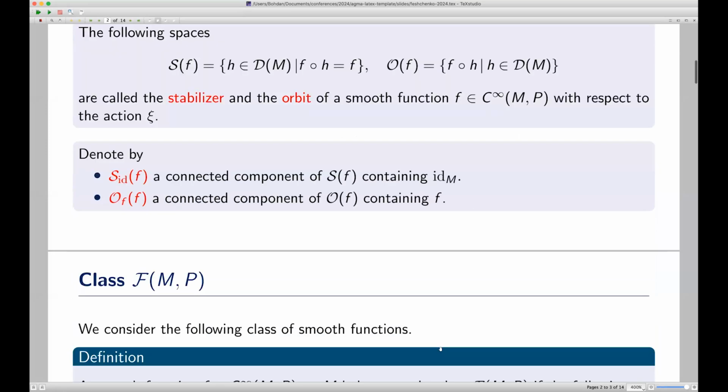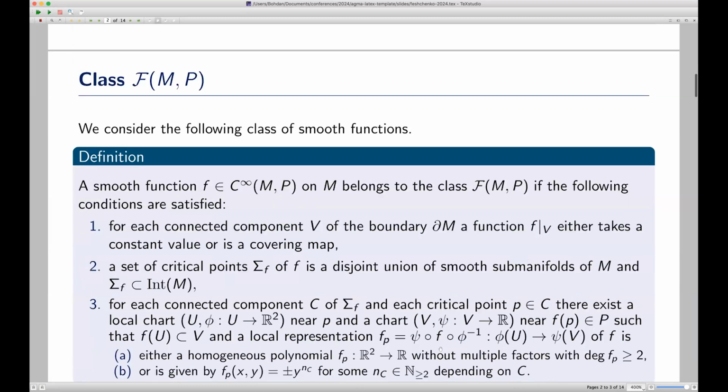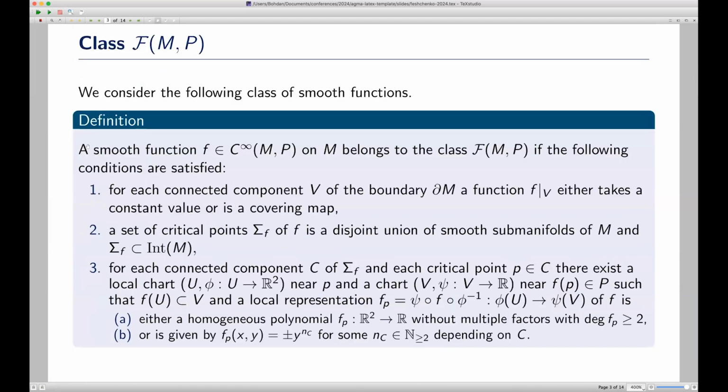We consider the following class of smooth functions. A smooth function f belongs to this class F if the following conditions are satisfied.